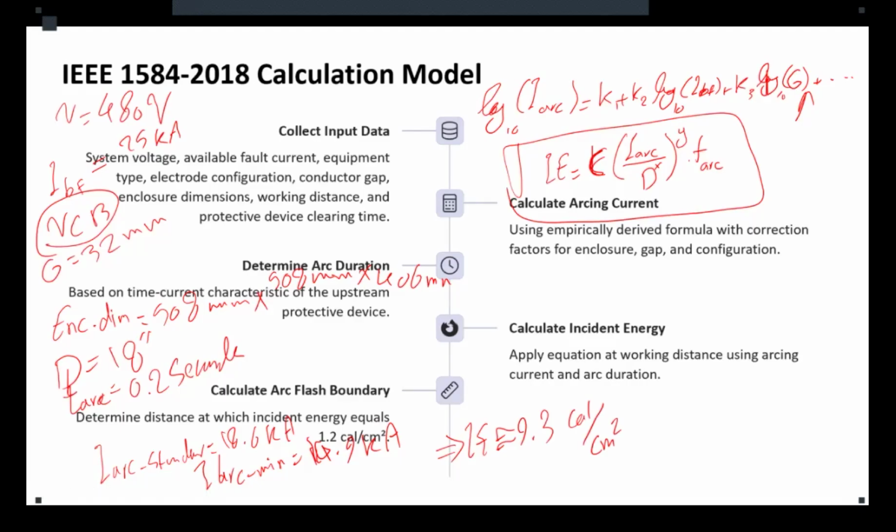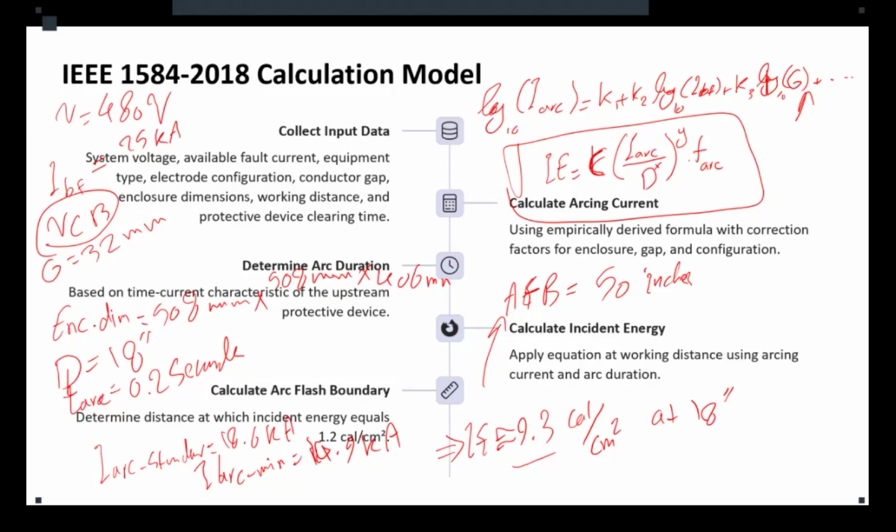The distance is important, at the 18-inch distance. And when you have your IE, you can use the AFB formula that we went through before. If you go through that formula, you will find that your AFB is going to be 15 inches.